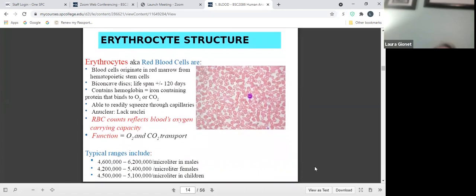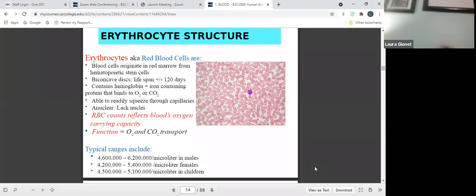So erythrocytes originate in the red bone marrow. They have a biconcave shape because they are anuclear. They live for about 120 days, anywhere from about 100, 110 to generally about 120. They contain hemoglobin, which has a quaternary protein structure.